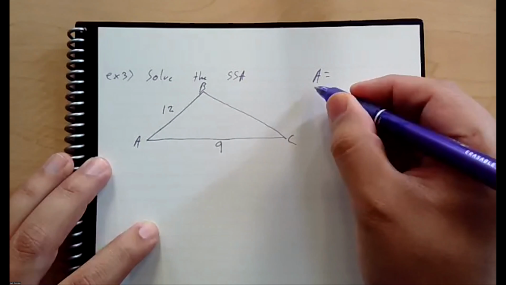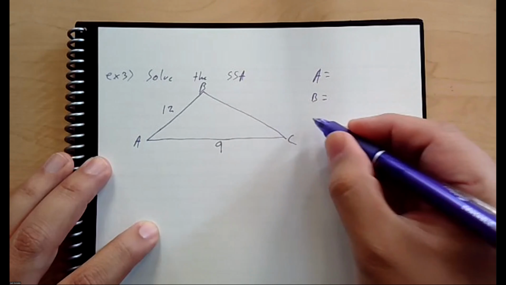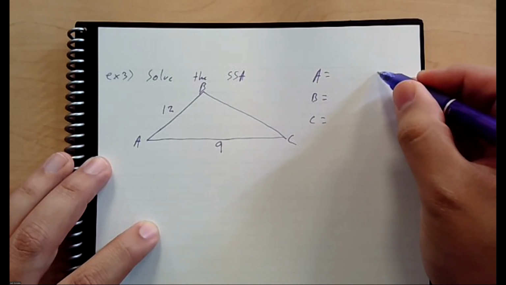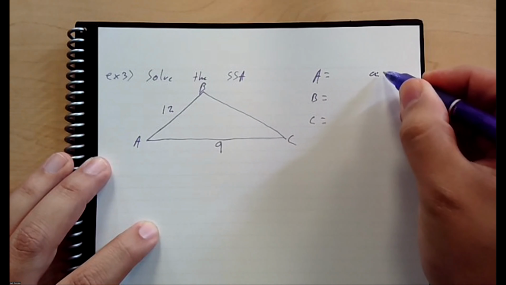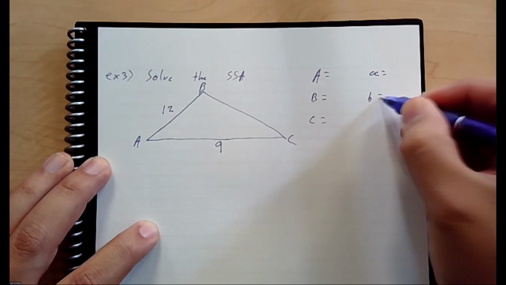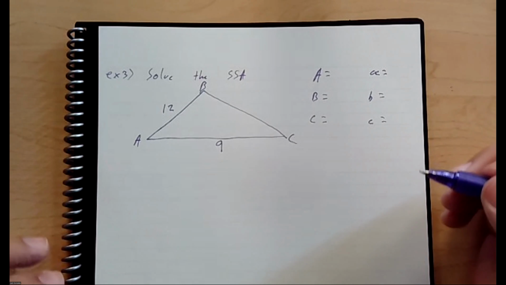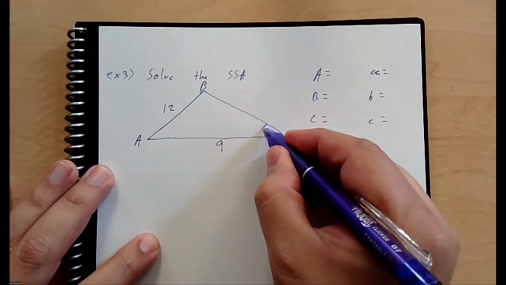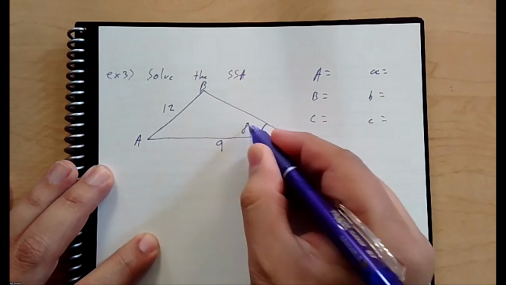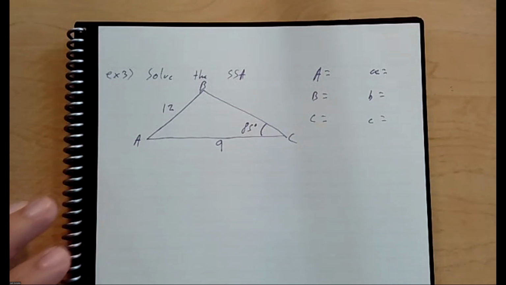I'm going to put my angles over here and sides over here. They only gave us one angle. So we must check to see if the triangle exists or if there's more than one or if there's just one.